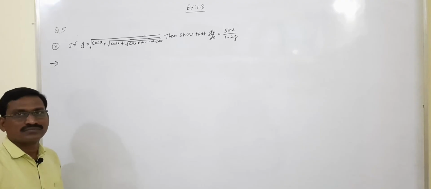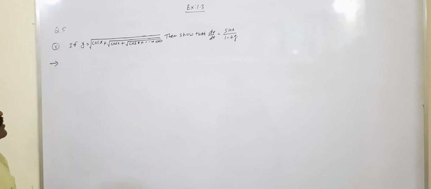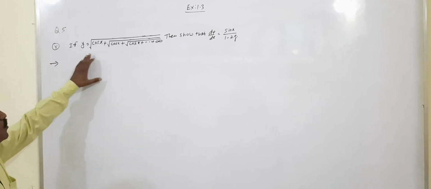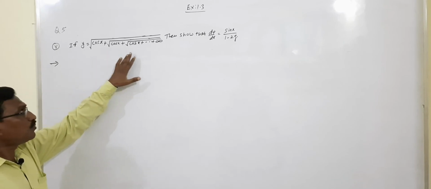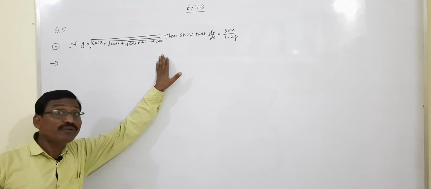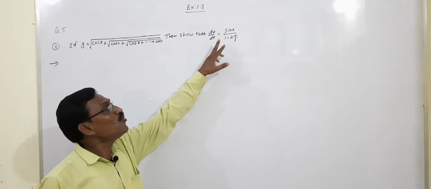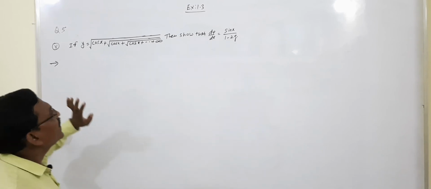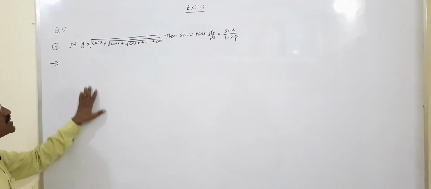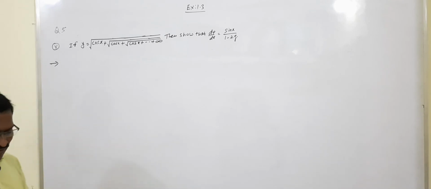Now next. In this example, y equal to root of cos x plus root of cos x plus root of cos x plus so on to infinity, then show that dy by dx equal to sin x upon 1 minus 2y. In this type of example, we take a square on both sides.